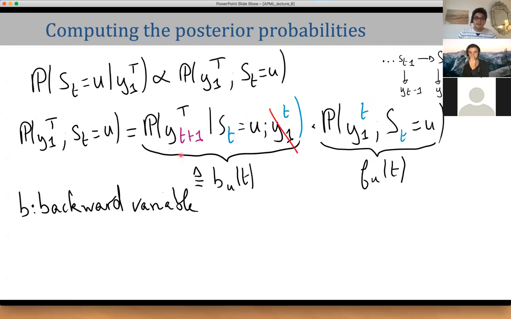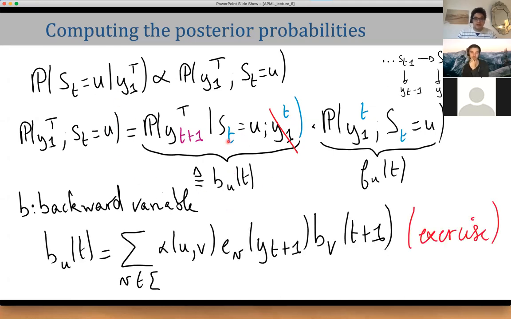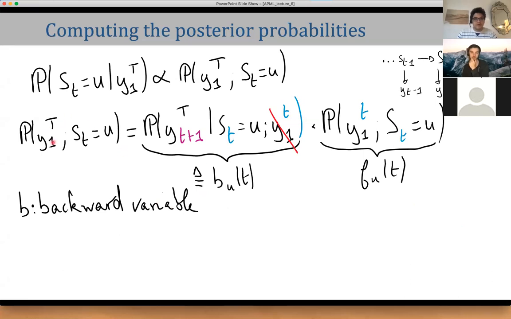It's the probability of the future sequence given that we are at hidden position U. We call that B, for backward variable. Now what will give me the posterior probability is just this forward variable times this backward variable.